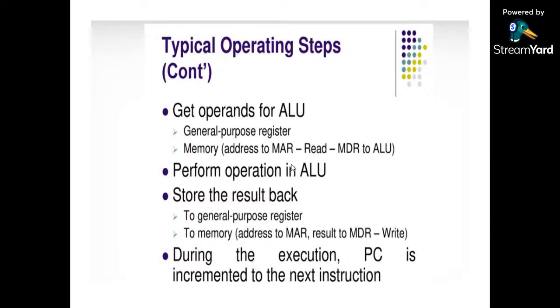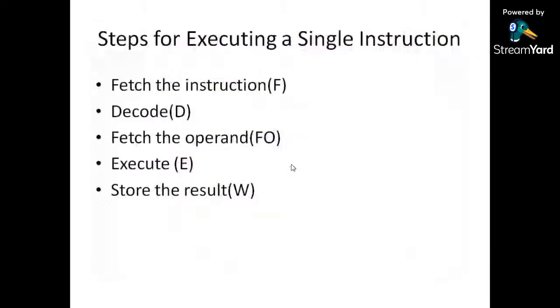Also, while the first instruction is being executed, the contents of the program counter are auto incremented to point to the next instruction, so that as soon as the execution of the first instruction completes, the execution of the second instruction can be started.